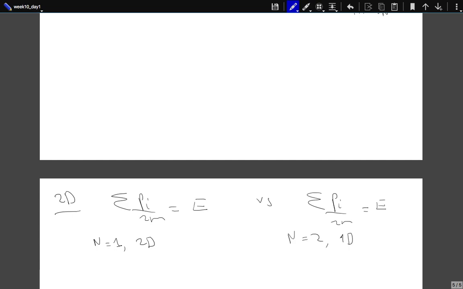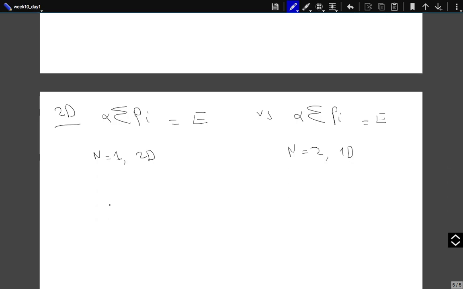This case. Let me just remove this m also. Let me just put an alpha. So basically here we don't have a summation. So we are looking at the volume alpha p less than E. As you said, this is a circle.